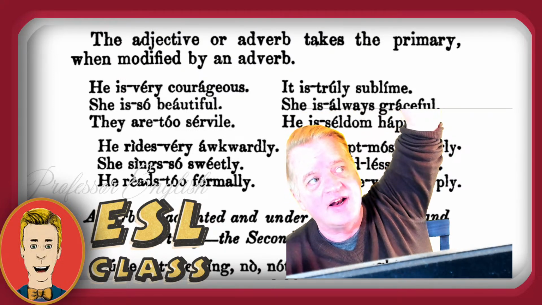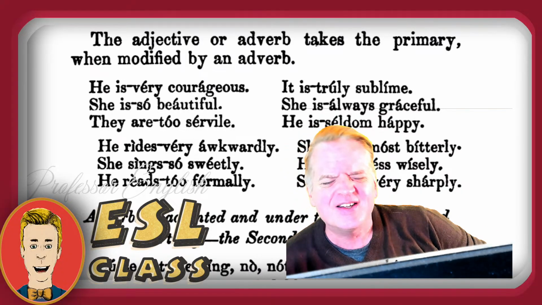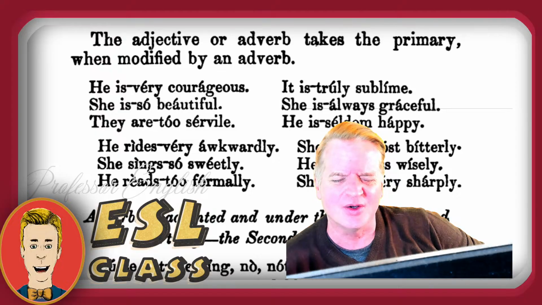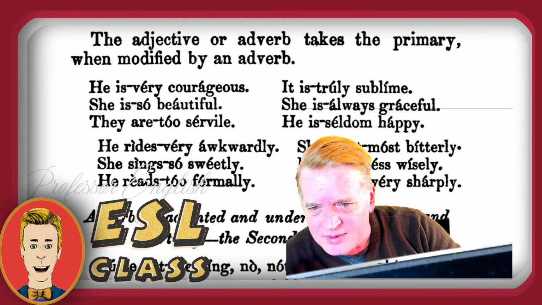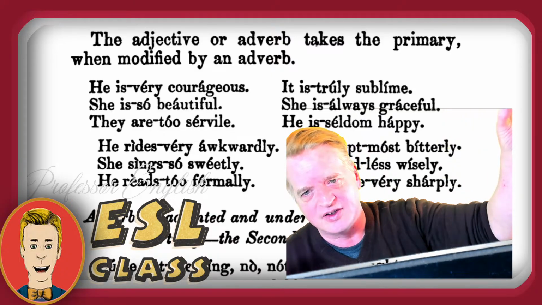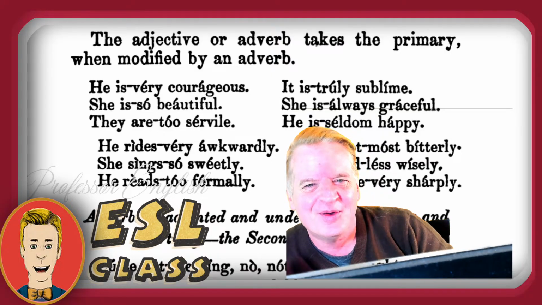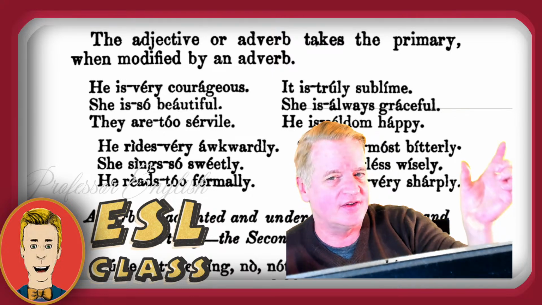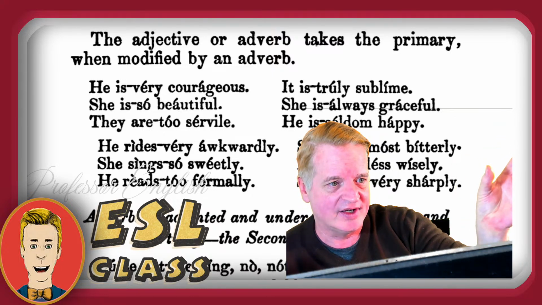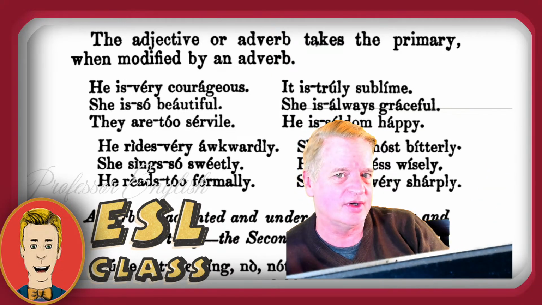Well, very is an adverb actually. It could be an adjective too. It gets confusing. There are some things where there's a gray area, but here, because you're describing an adjective, I would call it an adverb. I know that's confusing, but the adjective or adverb takes the primary when modified by an adverb. So that means that the adjective courageous will take the primary accent. Okay. So how will you say very courageous?